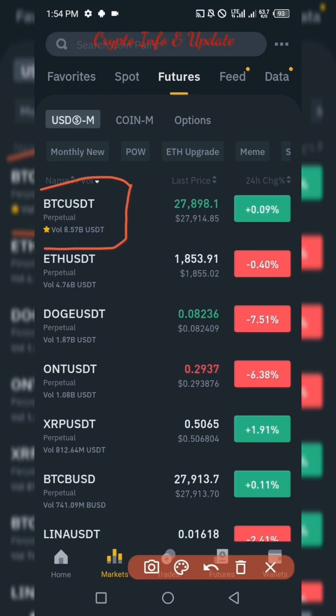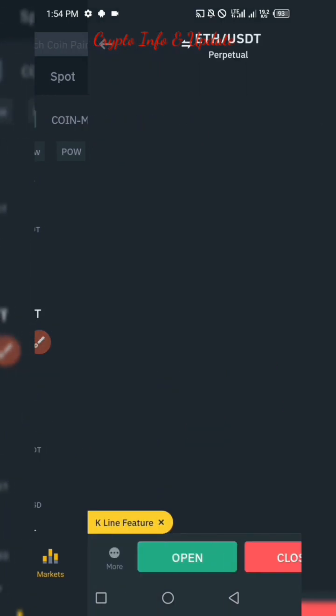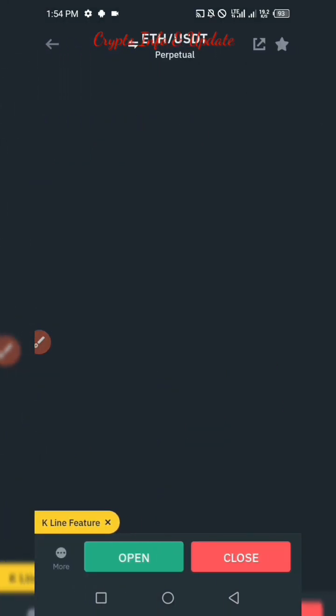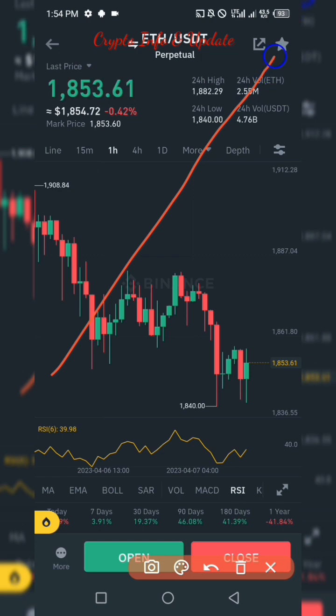All you do next is click on Ethereum, or you search for the coin, it depends. When you click on Ethereum, you follow the same process. Then the star icon at the top, you just tap on it to change it to yellow. Do you understand?